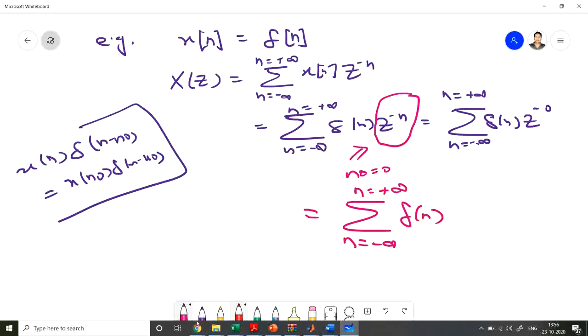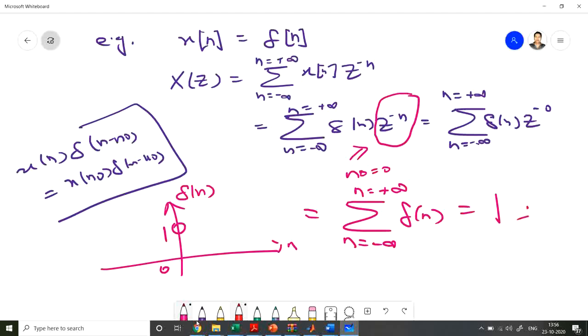Now we sum the unit sample delta(n) from minus infinity to plus infinity. At n equals 0 its value is 1, and at all other values it is 0, as the graph of delta(n) shows. So the summation is 1.